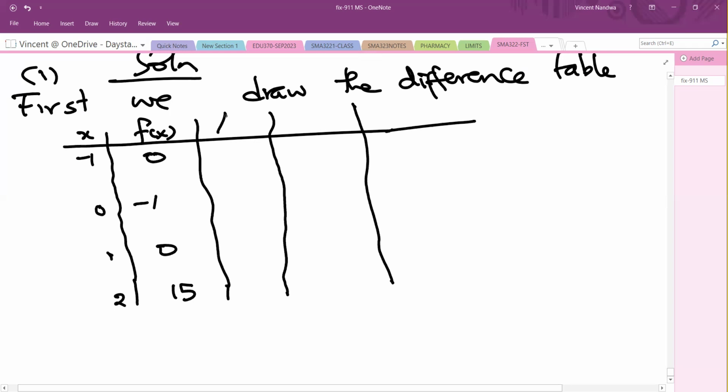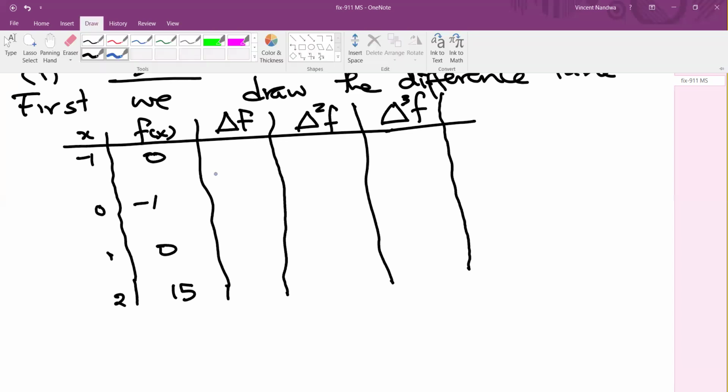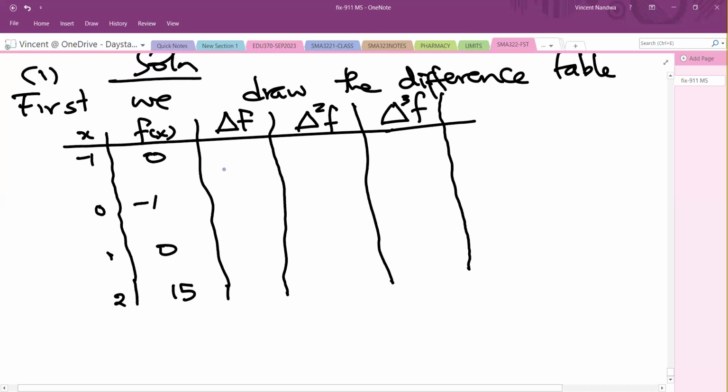So this will be the first forward difference of f, second forward of f, third forward of f, etc. So what value will I put in this space?